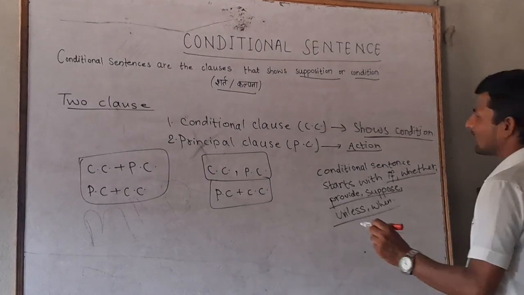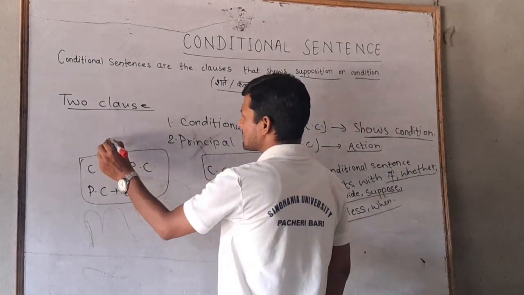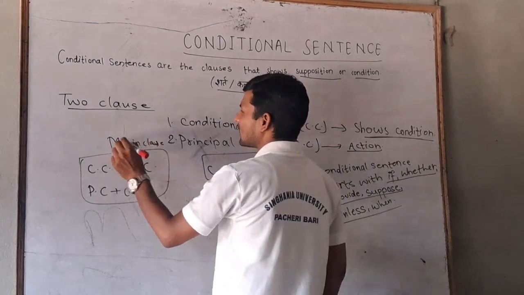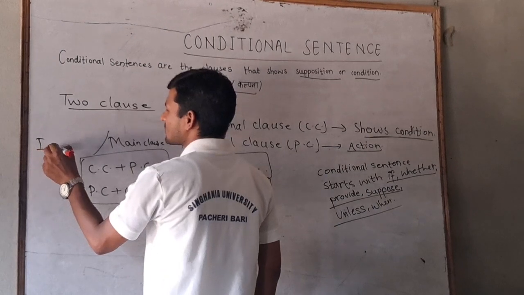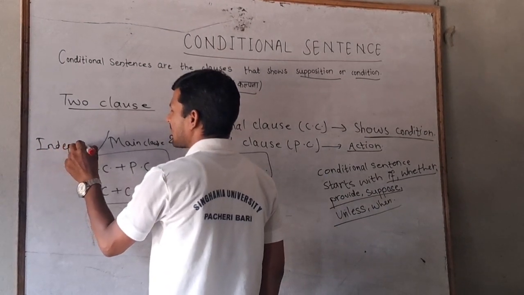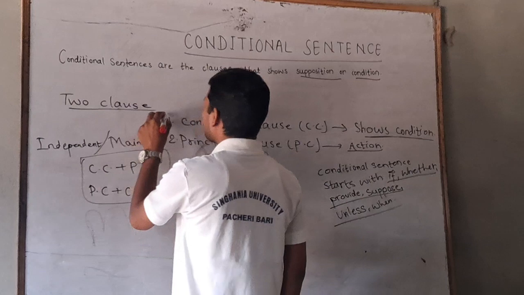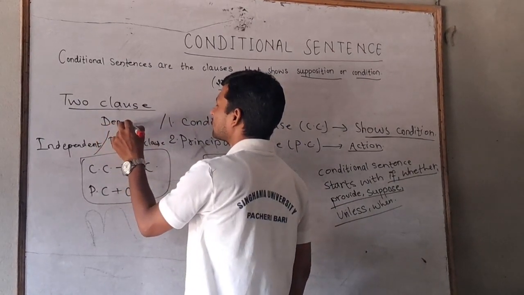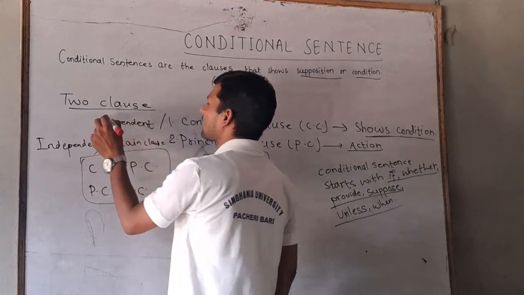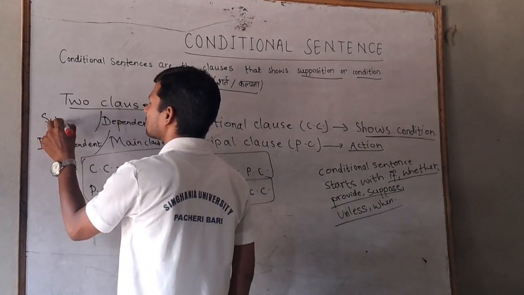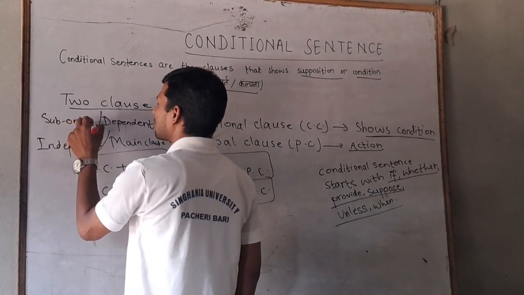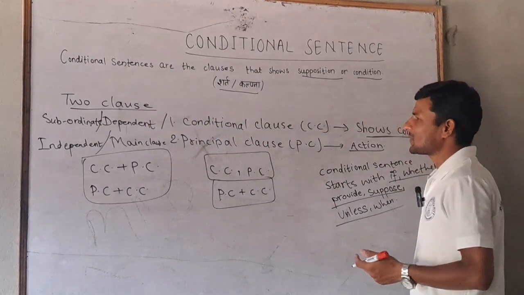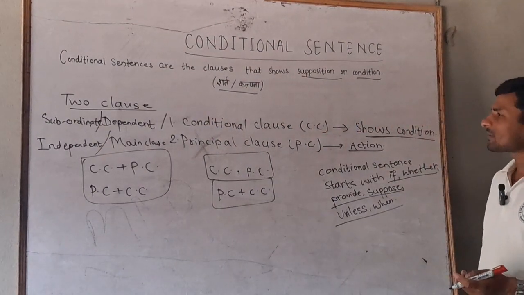Principal clause is also called main clause, or independent clause. In the same way, the dependent clause is also called subordinate clause.